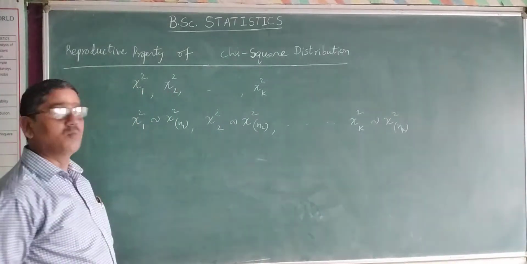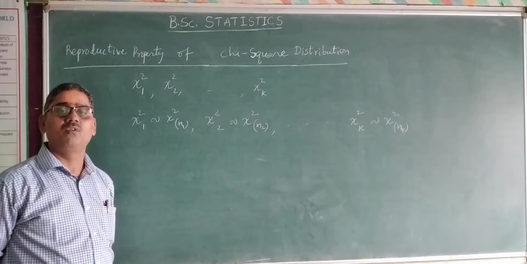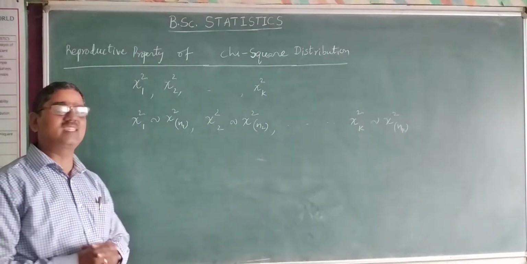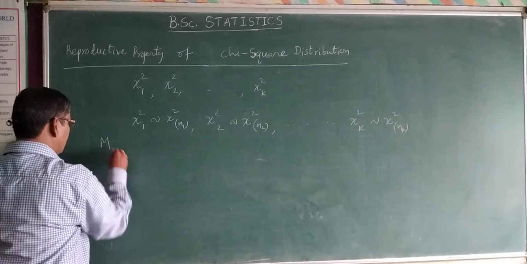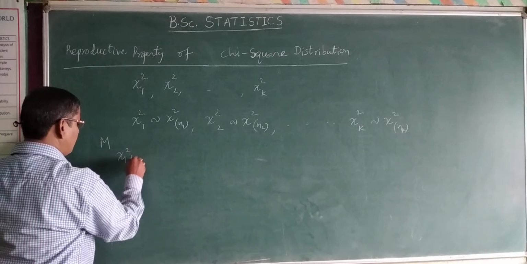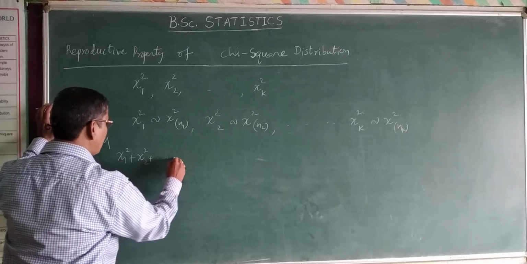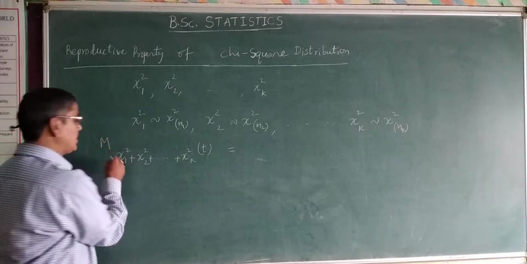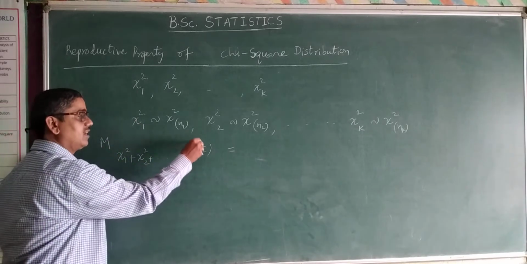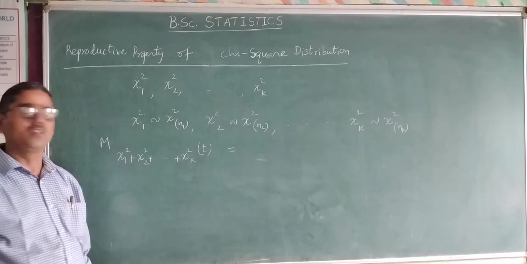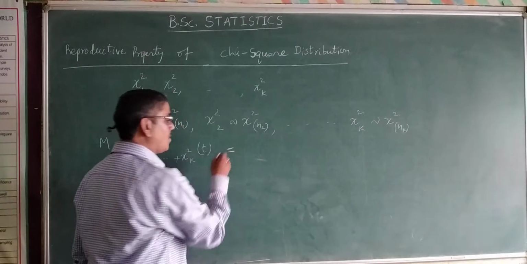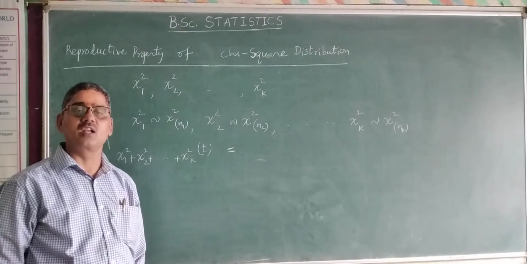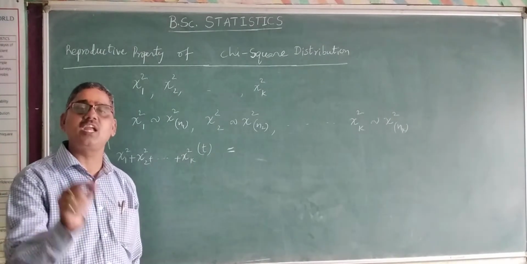Now I consider the moment generating function of the sum of these k independent chi-square variates, which means the moment generating function of chi-square 1 plus chi-square 2 plus and so on plus chi-square k. That is M of chi-square 1 plus chi-square 2 plus chi-square k at t. From the reproductive property of moment generating function, M of X plus Y at t is equal to M of X at t into M of Y at t.